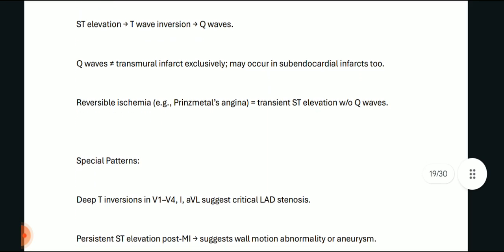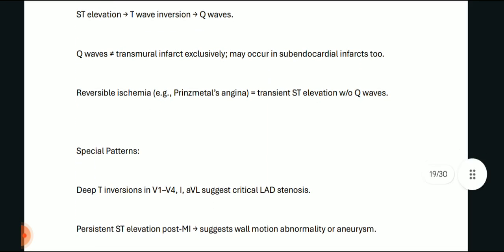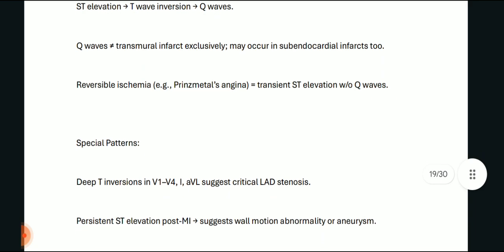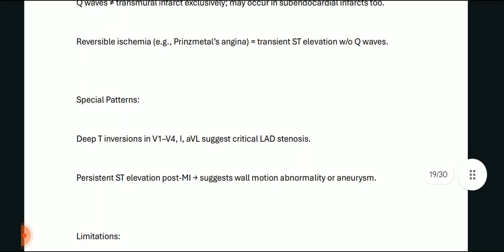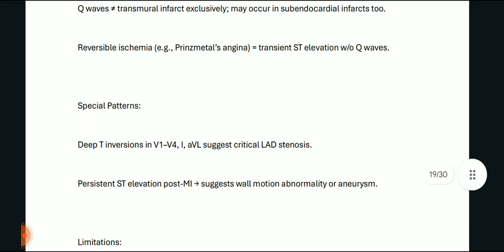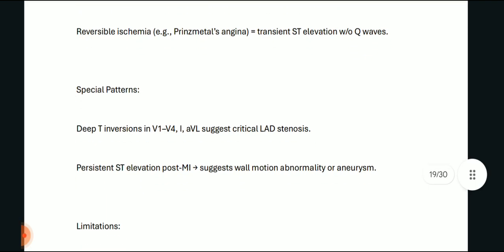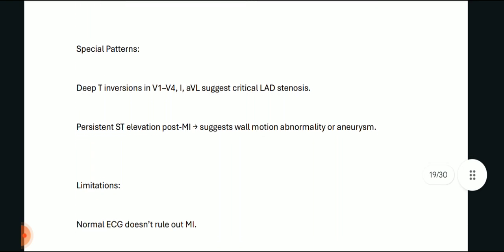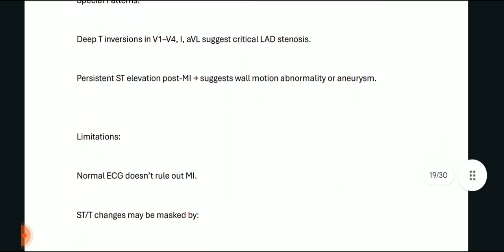If there is reversible ischemia, for example Prinzmetal angina, there can be transient ST elevation without Q waves. In this we may also see some special patterns: deep T inversions in V1 to V4, lead 1 and aVL suggest critical left anterior LAD stenosis. And persistent ST elevation post MI suggests wall motion abnormality or aneurysm.